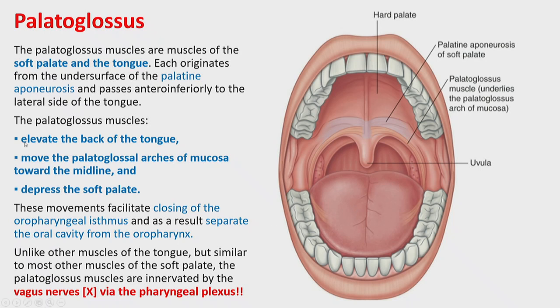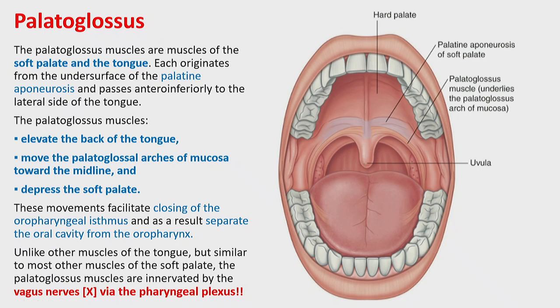We already discussed on Thursday the function of the palatoglossus in the soft palate chapter. It elevates the backside of the tongue, meaning the root, and it also closes the isthmus of the faucium by taking this arch medially, like a curtain that you close.